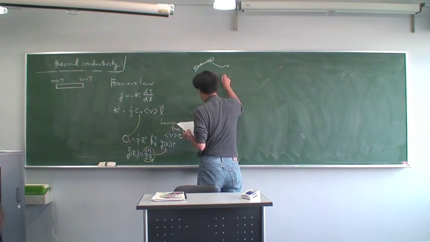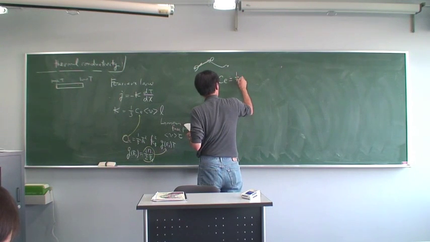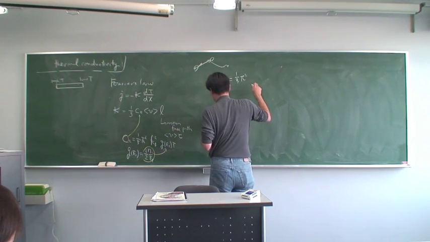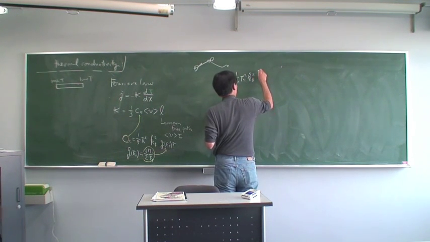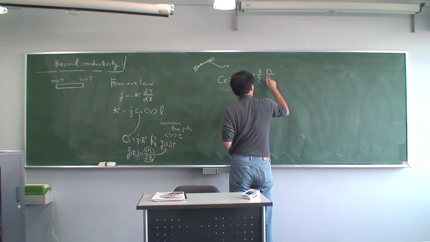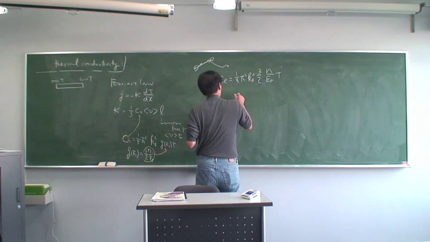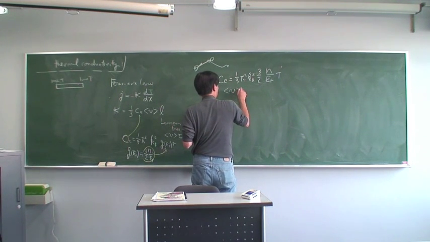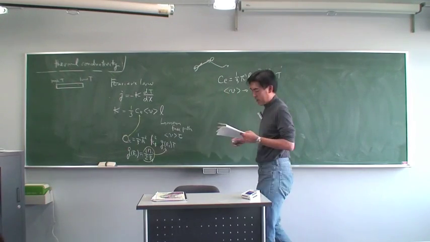So basically, let me write this again. CE now becomes 1/3 pi square kB square 3/2 N EF tau. And also the average velocity we replace by the Fermi velocity.